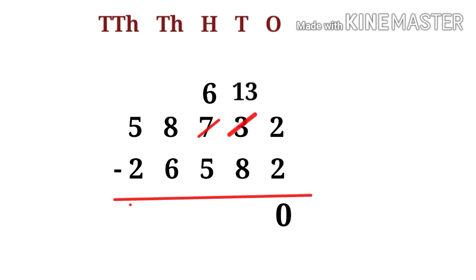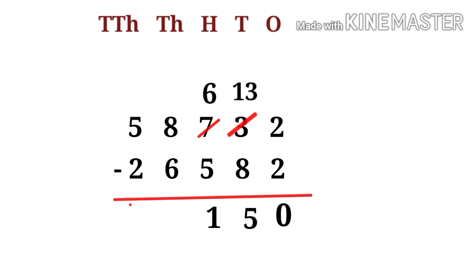Now we can easily subtract 13 minus 8, that is equal to 5. Next, subtract 6 and 5, that is equal to 1.